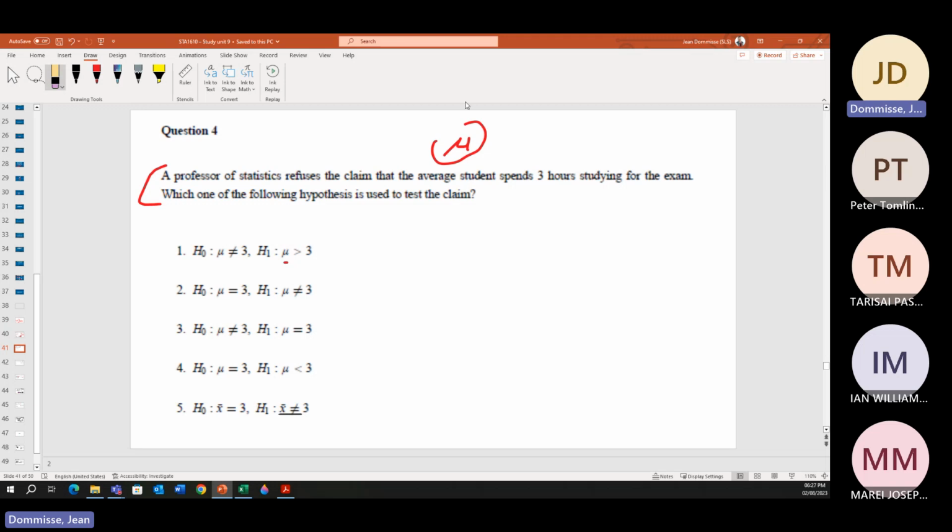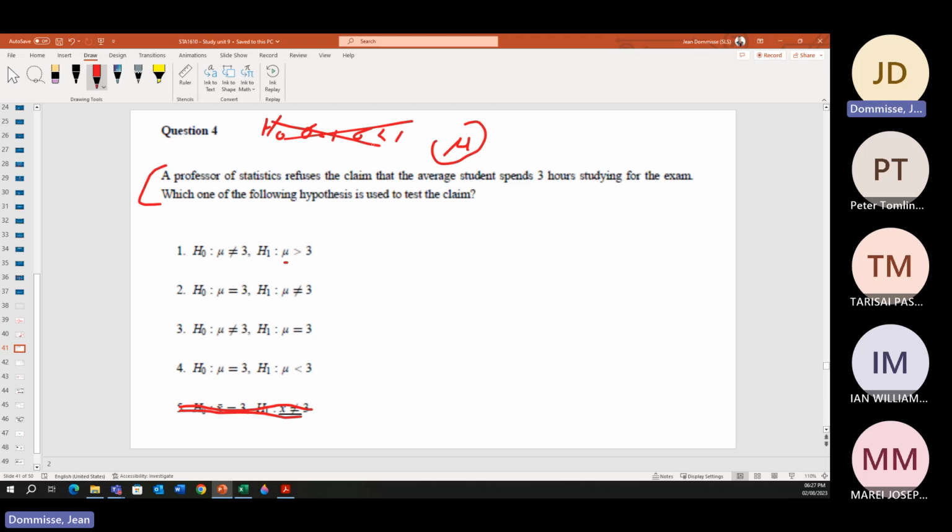So whenever they throw in any other symbol, you can eliminate it. Even if they say standard deviation, no go.